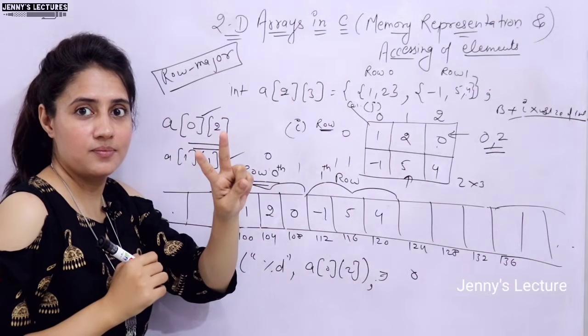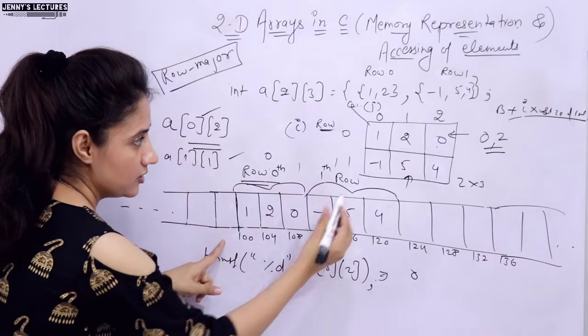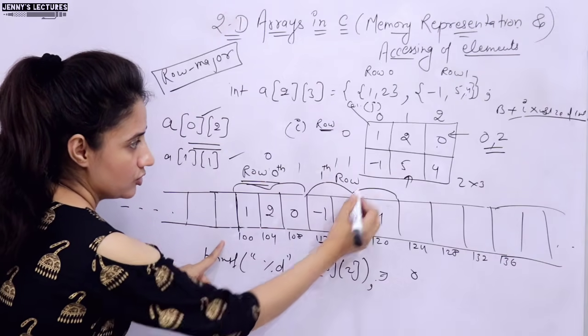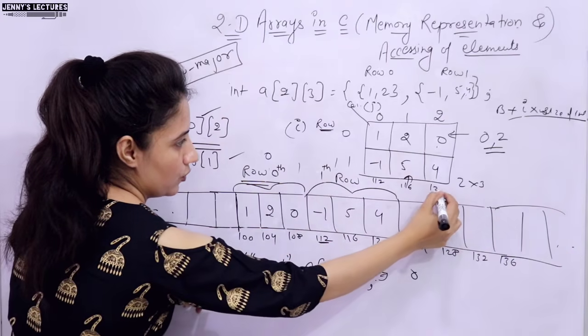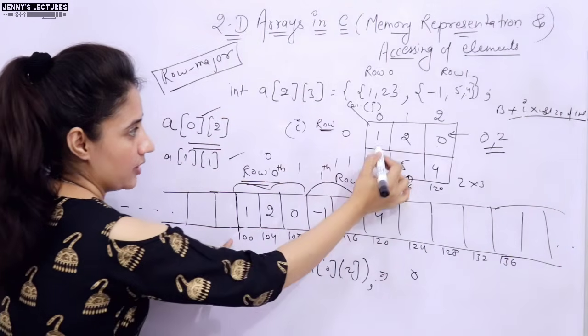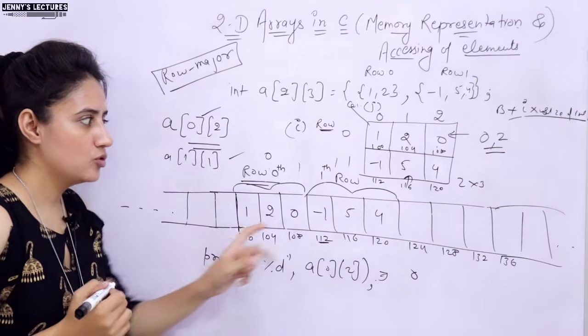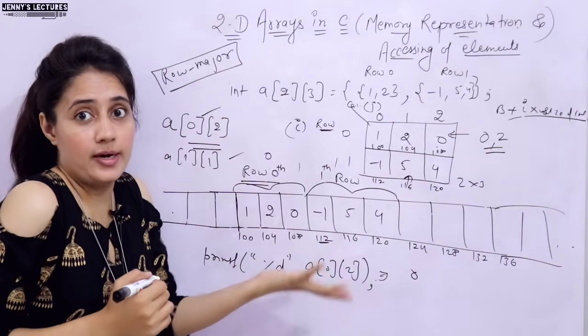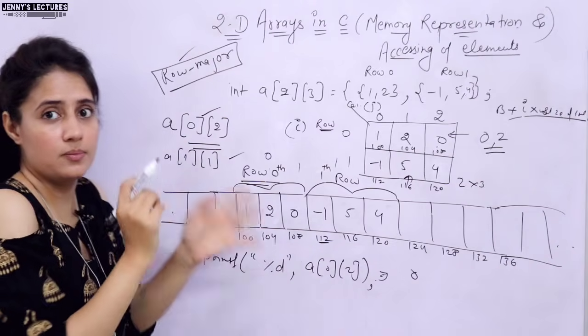So now see, this data is having address 112, this is having 116, 120, and this is having 100, 104, 108. What is the formula? For both we will discuss, for row major also, for column major also.